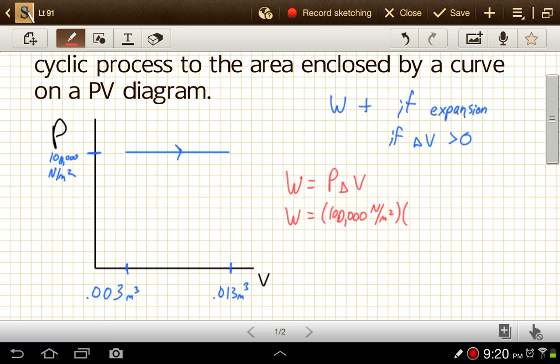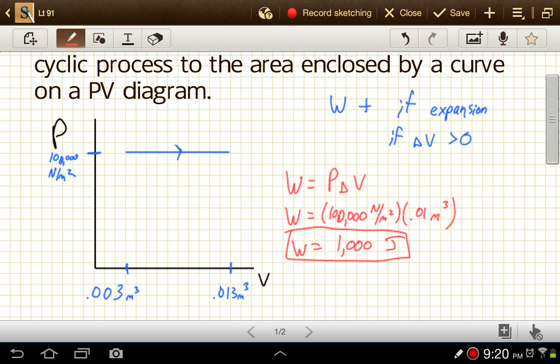We start out at 0.003 cubic meters. We end at 0.013, so we have 0.01 cubic meters as our change, getting larger, so it's a positive value. So work then would be equal to 1,000 newtons per square meter times cubic meters, which would be newton meters, or joules, the unit we use for work.